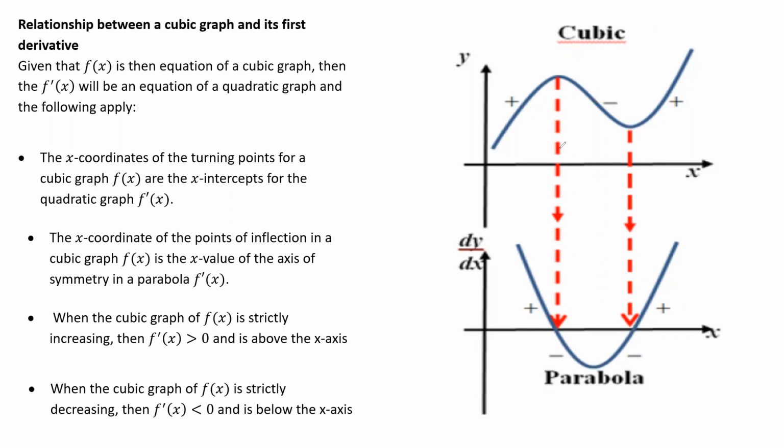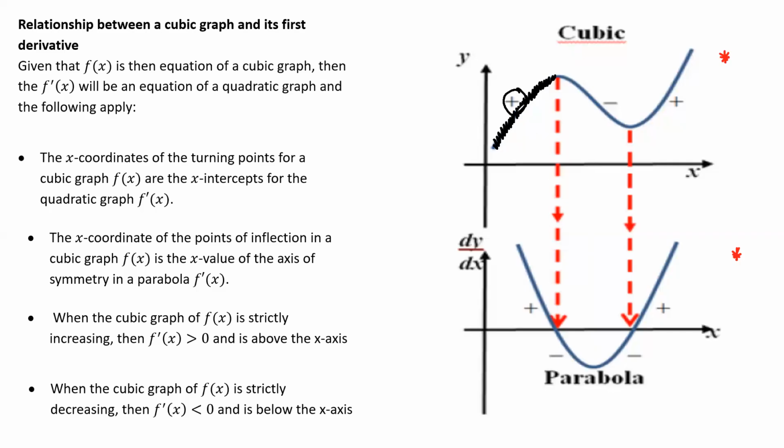Now, let's go. If you look at your cubic again, remember we're comparing the cubic and its first derivative. If you look at your cubic, now this portion of the graph, the gradient is actually increasing. It's a positive gradient. It's greater than 0.